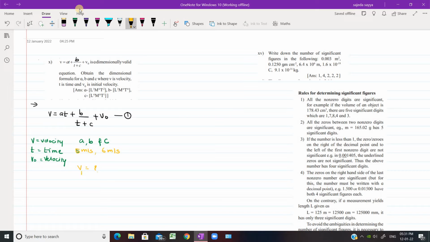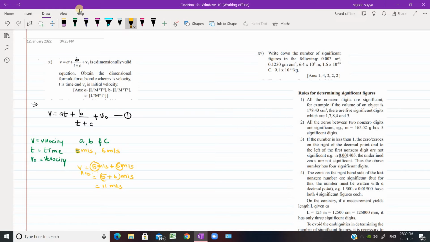So how will you find it? The resultant can be calculated by addition of these two: 5 meter per second plus 6 meter per second. So how much will it be? 5 plus 6 meter per second as it is. So that is 11 meter per second. It means that only magnitudes will be added. Their units will not be added.